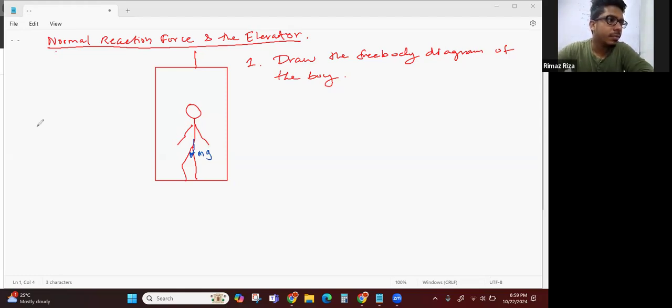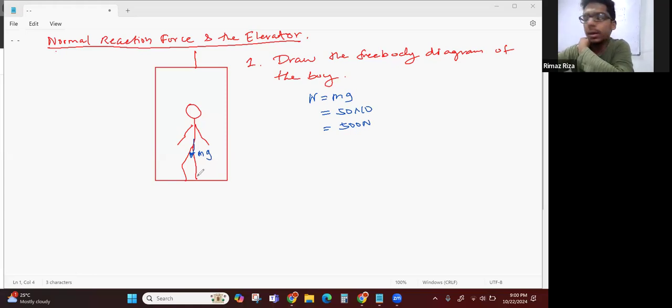The mass is given as 50, so the weight W equals m into g, 50 kilograms into 10 meters per second squared, which is 500 Newton. You can mark mg or 500 Newton here, both are fine. Then the normal reaction force R acts vertically upward from his foot. These are the only two external forces acting on this boy.